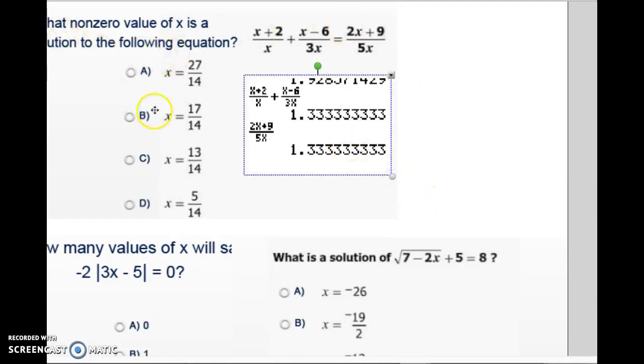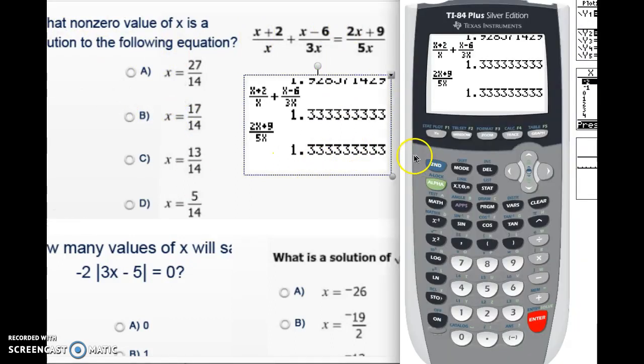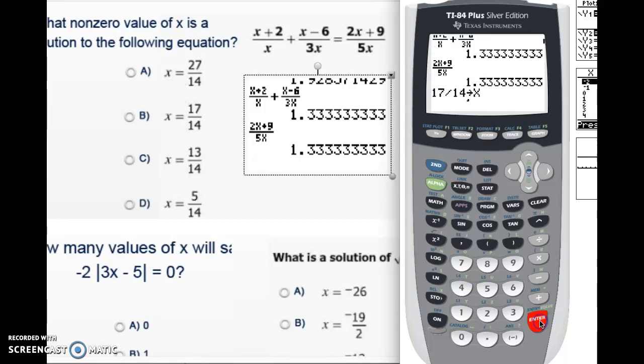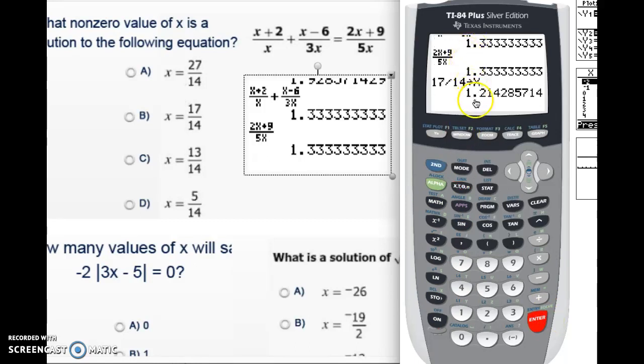Let me show you how we could store a 17 over 14 and save ourselves just a little bit of time. So if I go ahead and store, let's say there maybe is a chance of 2 solutions. So 17 over 14, this is multiple choice, so we know we're done. I just want to show you a shortcut. Now my calculator is thinking of 1.21. It has a new x value stored in.